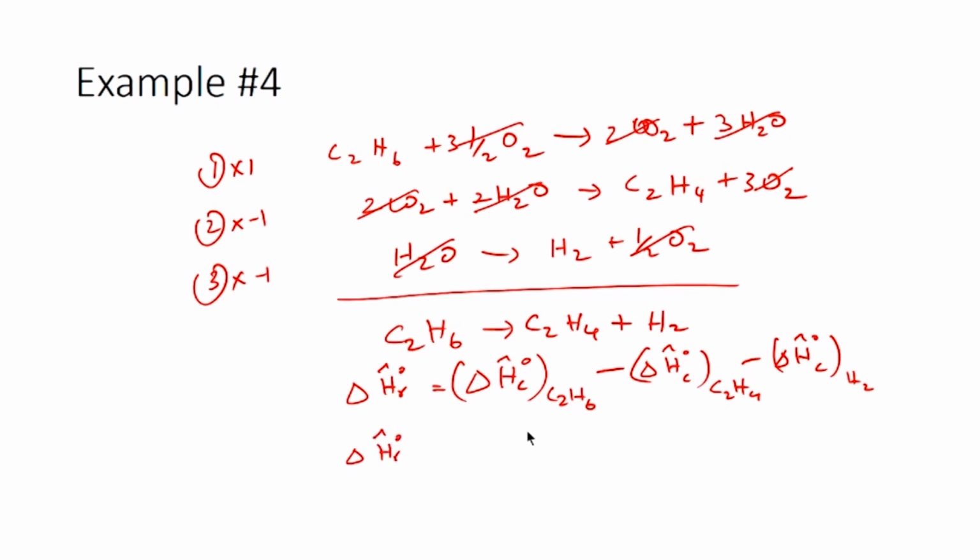Therefore, we can calculate the heat of reaction using the heats of combustion that can be obtained from any table. The heats of combustion for these are minus 1559.9 for C2H6, minus of minus 1411 for C2H4, and minus of minus 258.84 for hydrogen, giving the heat of reaction for the reaction of interest as 136.9 kilojoules per mole.